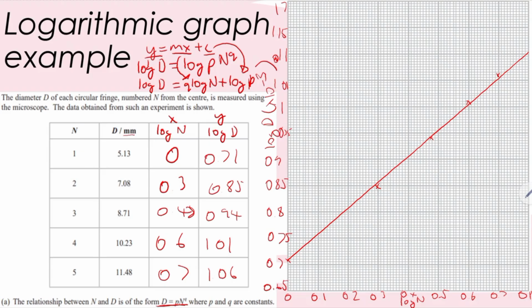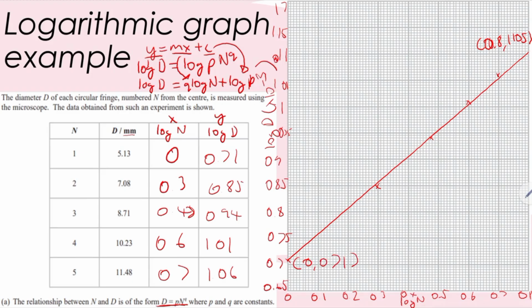So we need to find the coordinate of the highest point and the lowest point for the gradient. So the coordinate of the highest point is 0.8 and 1.105, and the lowest point is 0 and 0.71.